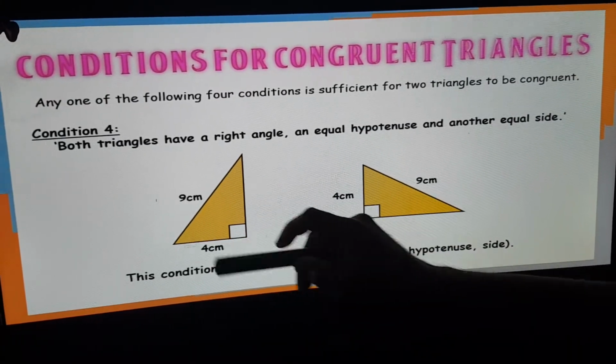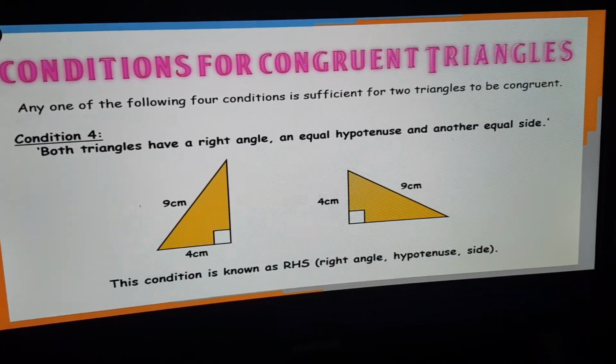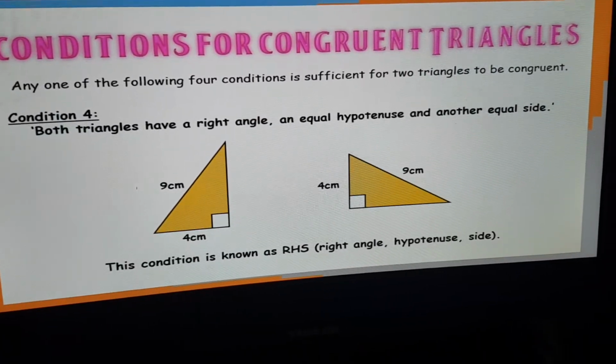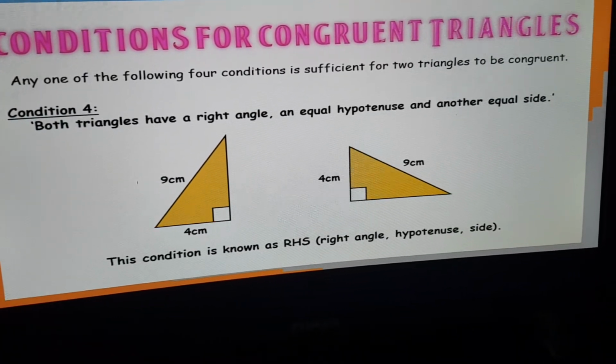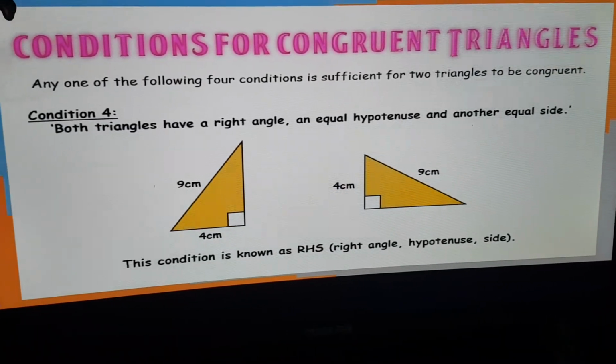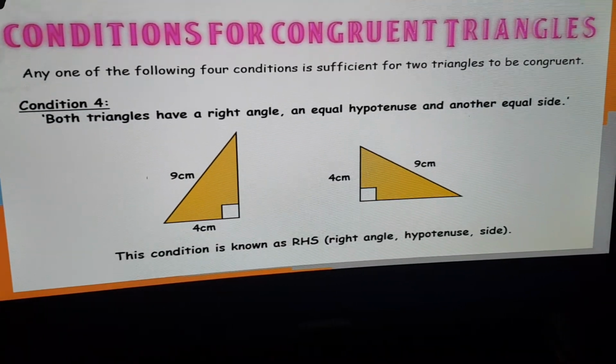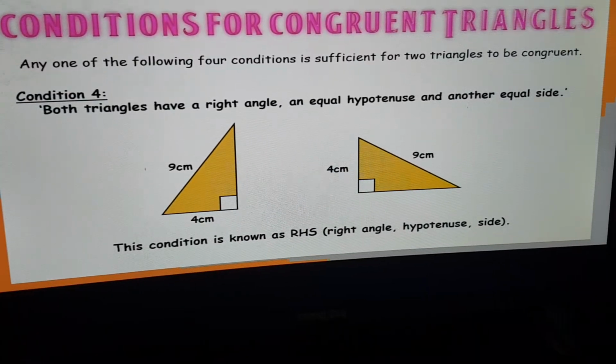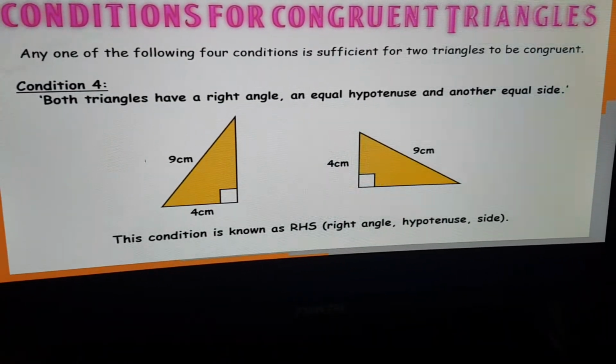This condition is known as RHS, which simply means right angle, hypotenuse, and side. So these are the conditions that are necessary for triangles to be congruent.